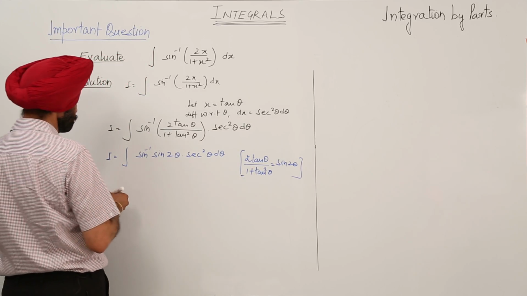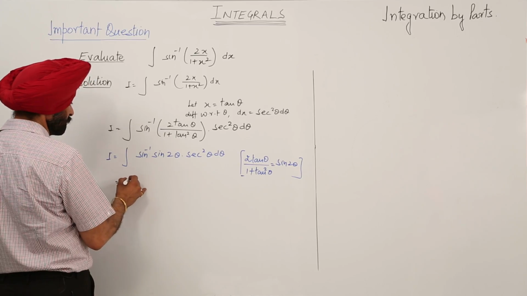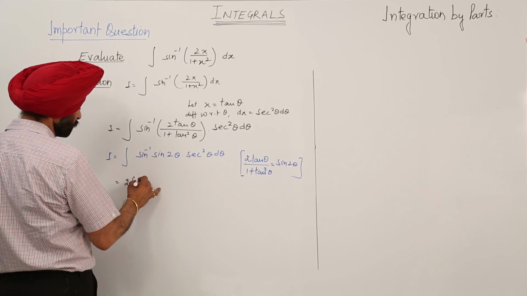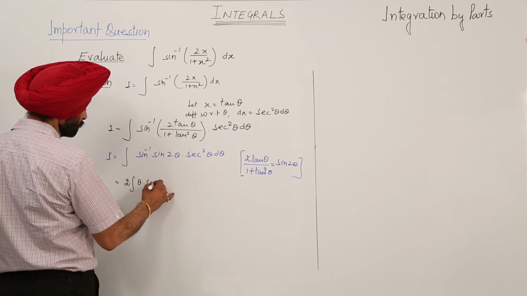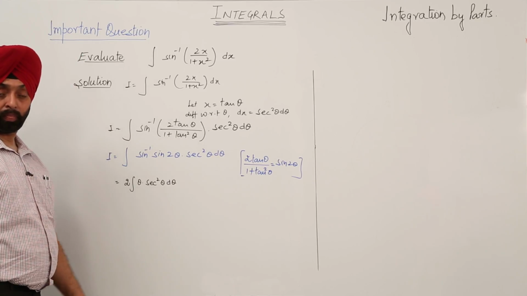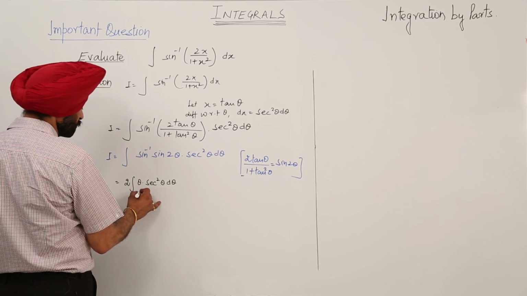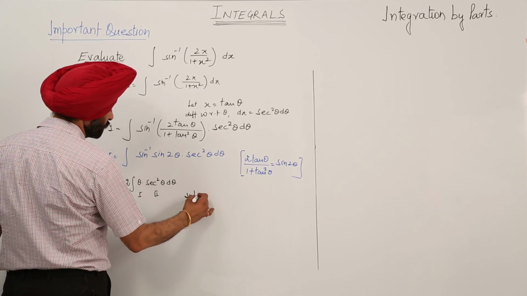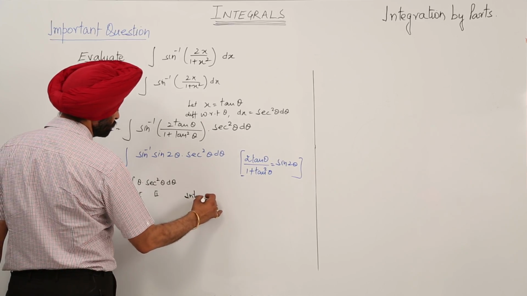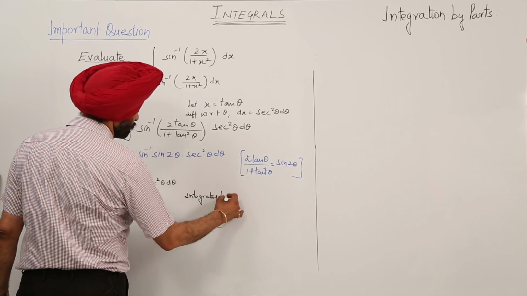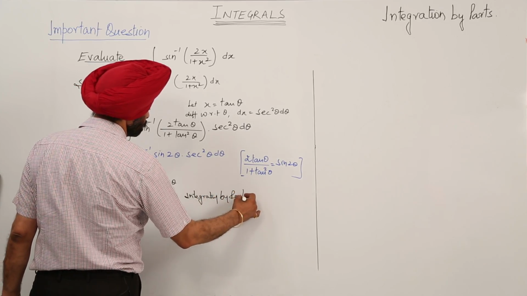Now this becomes 2 times the integration of theta with secant square theta d theta. Is it clear? Now using this as the first function and this as the second function, and integrating by parts.